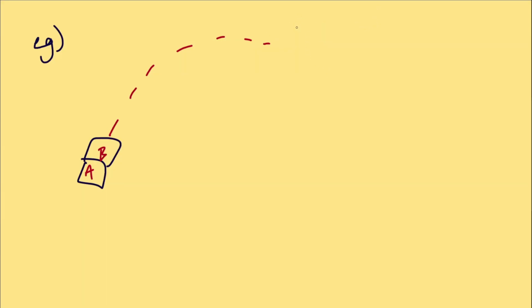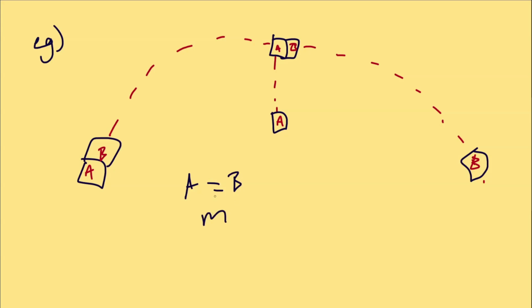So an emergency auto separation system launches part B and part A apart. Part B flies way forward, like that, but part A gets dropped straight down. What happens to the center of mass? Where does the center of mass go? If A and B have the same mass, where does it go?